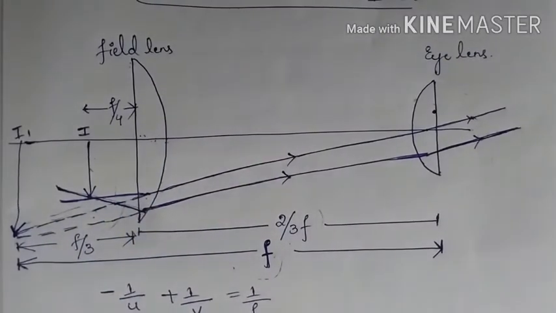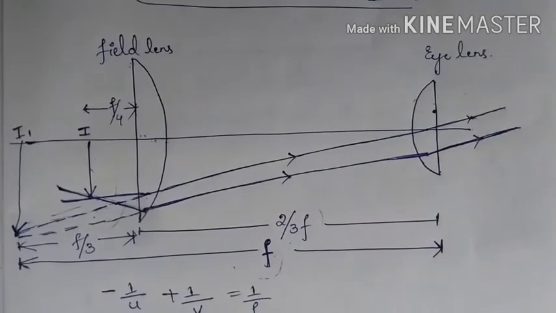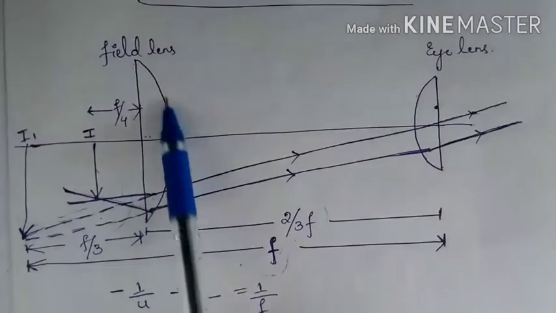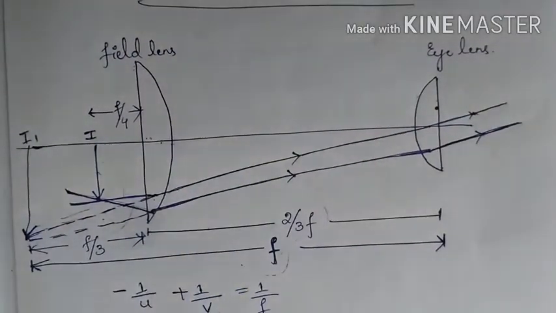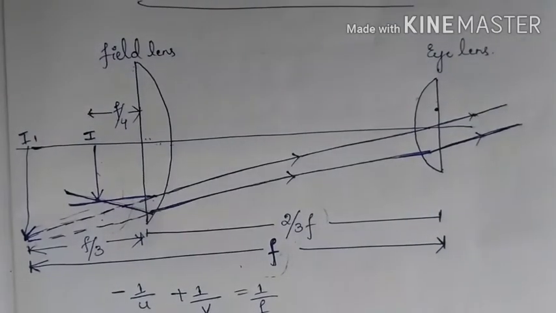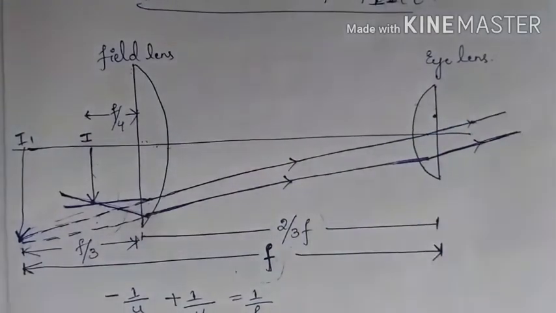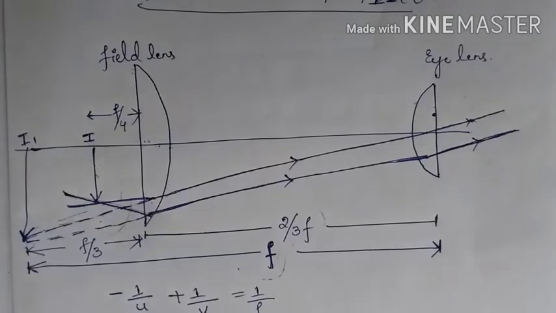Intensity means the number of light rays that are present. If more rays are present, then intensity will be more; if fewer rays are present, then intensity will be less. So to let in more rays, the field lens is made larger in size compared to the eye lens. These curved surfaces which are facing each other can actually minimize the spherical aberration that occurs.